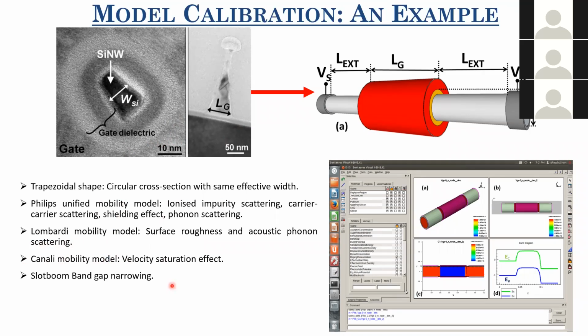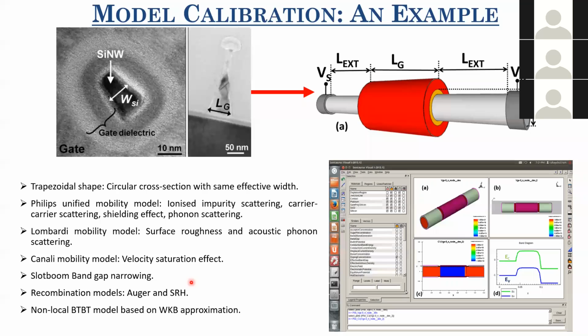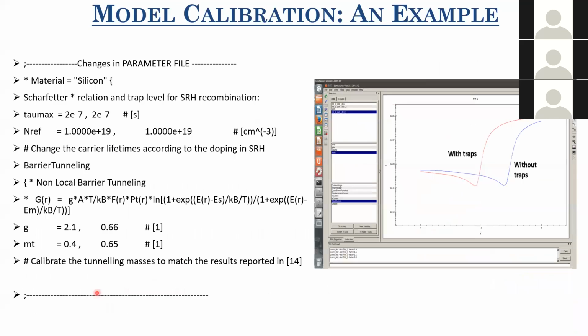Also, since it's doped to 10^19, we have to use band gap narrowing, and also Auger and SRH recombination models. And since we saw that there is an overlap between the conduction band and the valence band close to the channel-drain interface, we have to use a non-local band-to-band tunneling model.